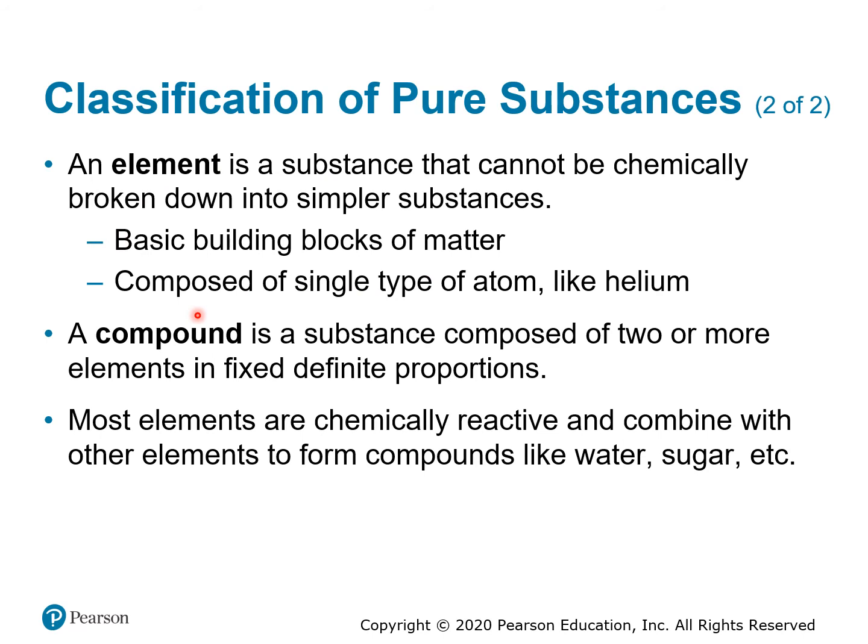For example, any single type of atom like helium or gold, anything that has just a single type of atom. A compound is two or more elements in a fixed, definite proportion. For example, water, sugar, etc.